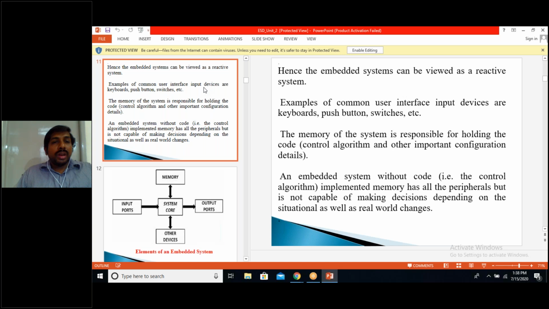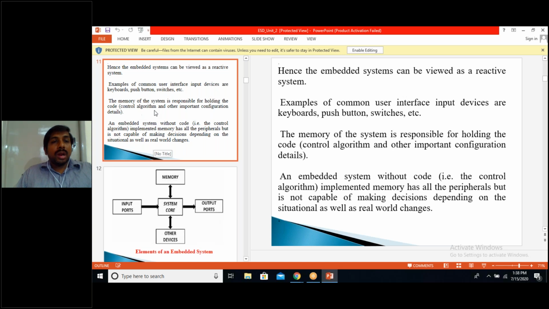So what are the user interfaces? If you consider a smartphone, a smartphone has a user interface from the keyboard, push buttons, switches, and this embedded system, based upon the input given, will do some specific task based upon the program written in the memory.